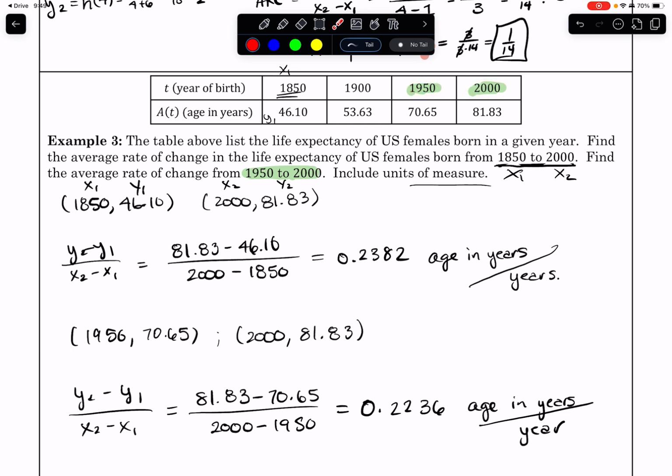And we can start making hypotheses. Why is that? Why, if we look from 1850 to 2000, is the rate of change higher than from 1950 to 2000? Well, it possibly could be because look how low that average age expectancy was. People were only expected to live to 46 years old in 1850.